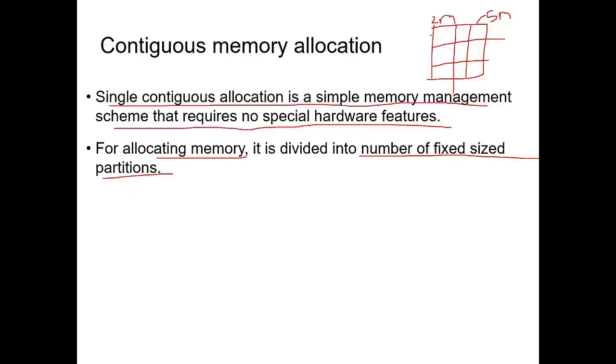So some blocks of the main memory are of fixed size like 2 MB, and some blocks you can find of different sizes like 5 MB, 3 MB, 4 MB, but these are fixed. That memory block is of fixed size and it will not change. So if the process fits within that block, then it is going to fit. Otherwise, it is going to use the remaining blocks also.